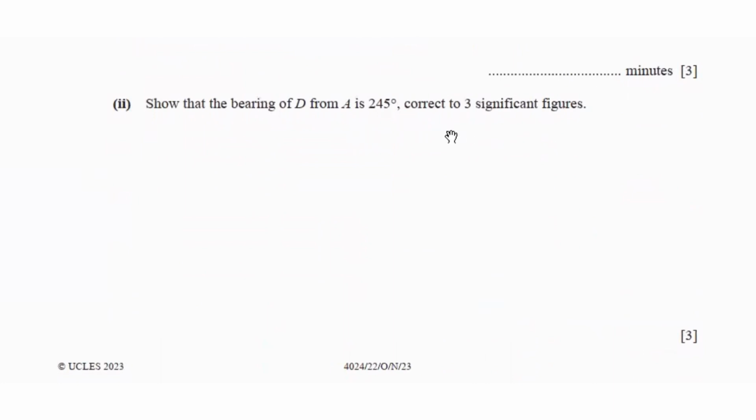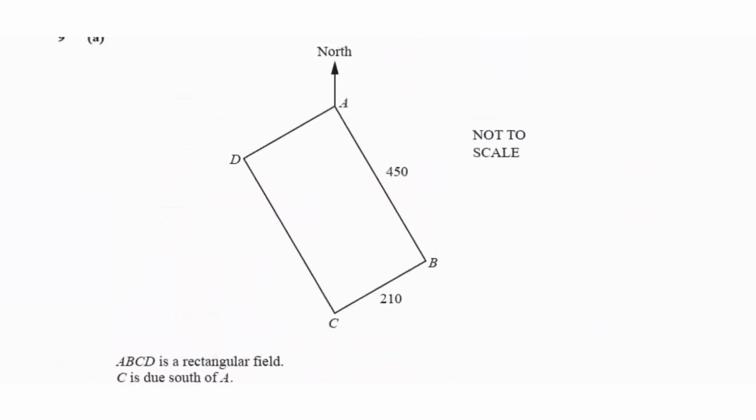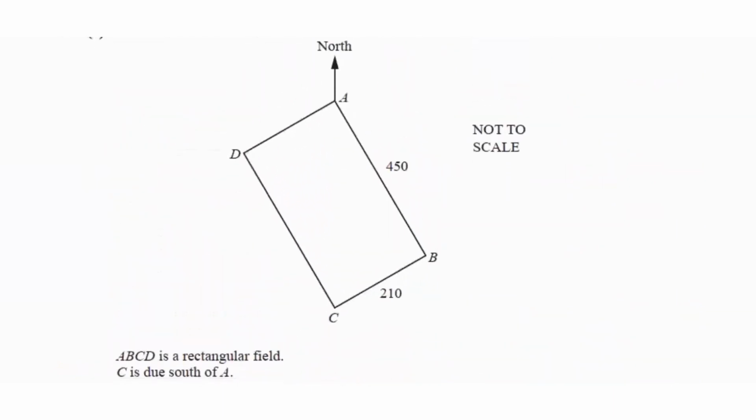Then it says, show that the bearing of D from A is 245 degrees, correct to 3 significant figures. So the bearing of D from A. Let's draw a compass.